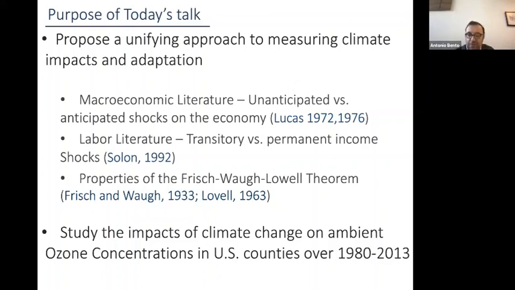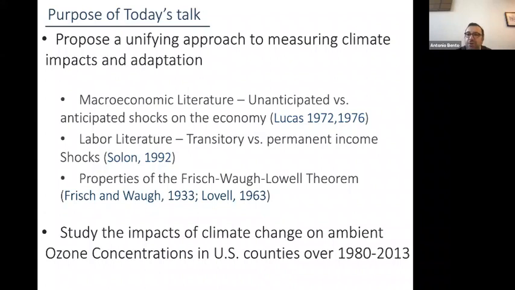And then I'm actually going to rely on a theorem that I believe we teach to all our students in econometrics that has to do with decomposition, and in fact the properties of the Frisch-Waugh-Lovell theorem to really get at the implementation.